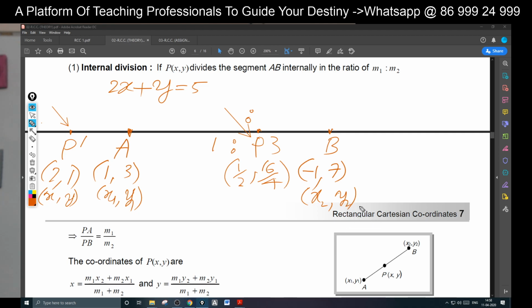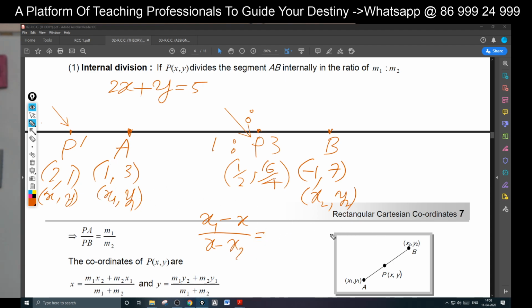Now, to get this ratio, the formula you have to understand, you have to write like this: x1 minus x by x minus x2. Simple.